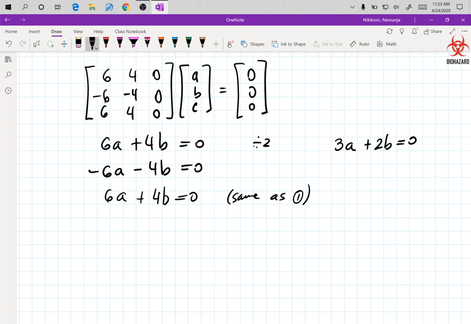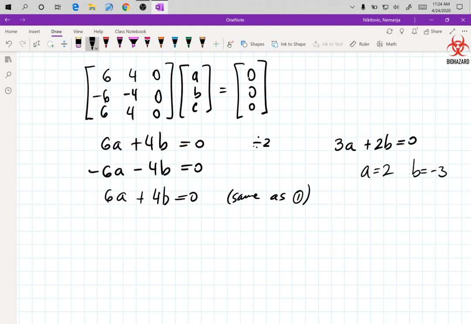So you can pick a to be 2 and b to be negative 3. That's okay, because that will definitely make it 0. You pick literally anything that will make it 0. And then the question is, what is c? Because you're supposed to multiply by c and get the value.